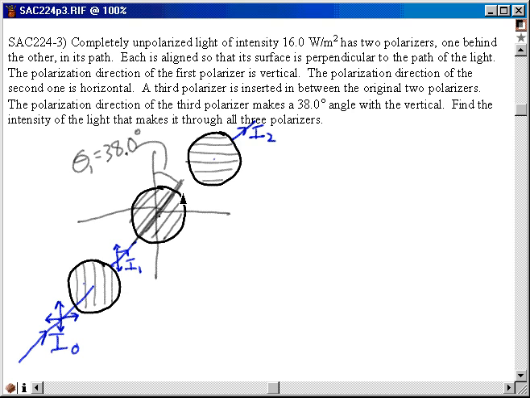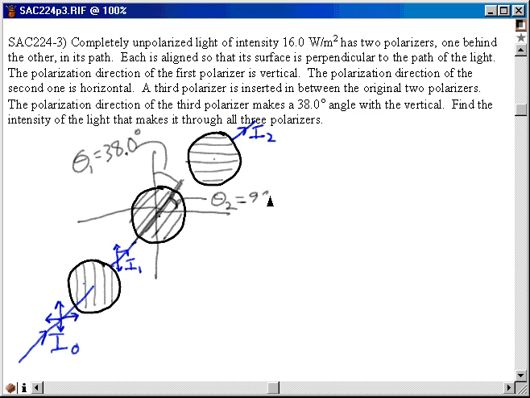And of course, with respect to the horizontal, let's get a horizontal line in there as well. The polarization direction would be, I call that theta 2. It would be better to call it theta 2 and 3, but I'm calling them theta 1 and theta 2. Doesn't really matter.